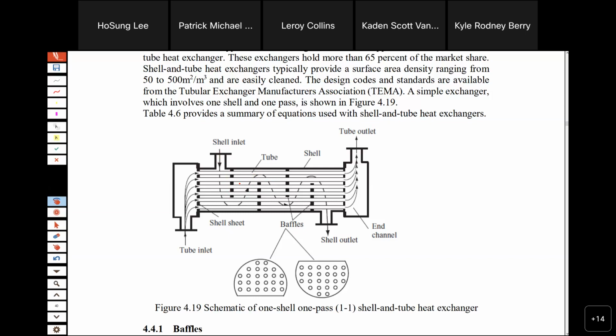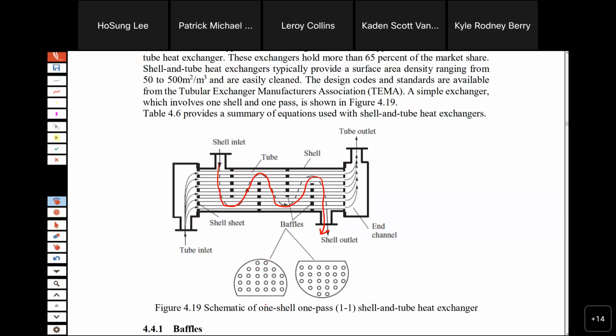But the shell side is a little different compared to the endless flow of double pipe. On the shell side, if you look, there are baffles that guide the flow. So baffles are holding each tube and guiding the flow.